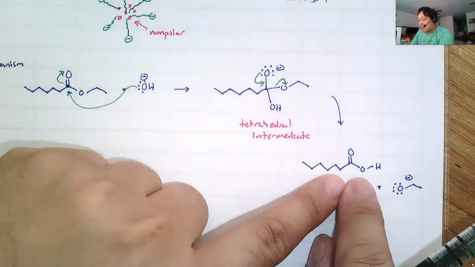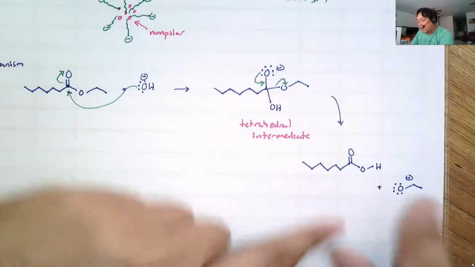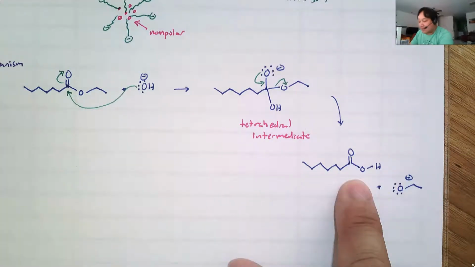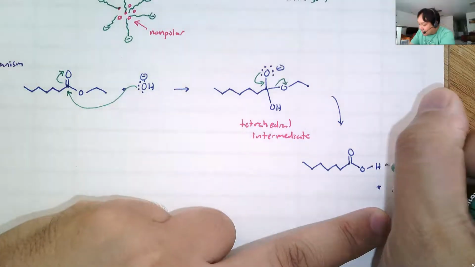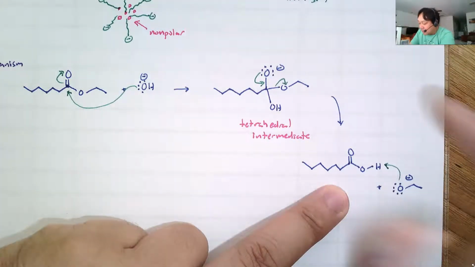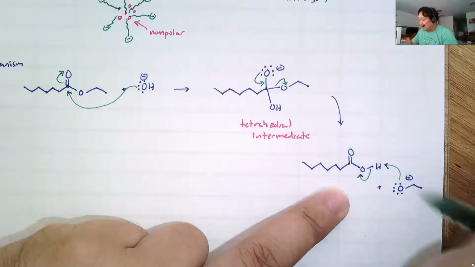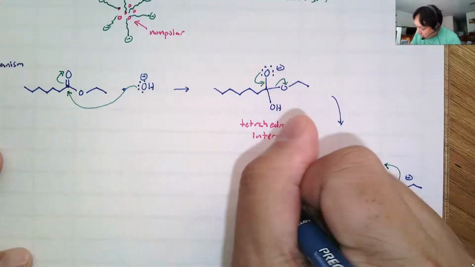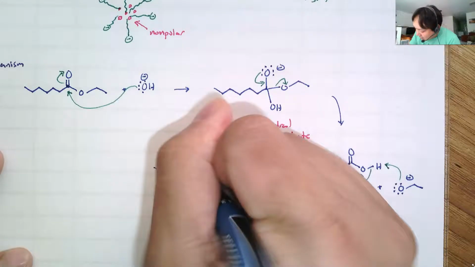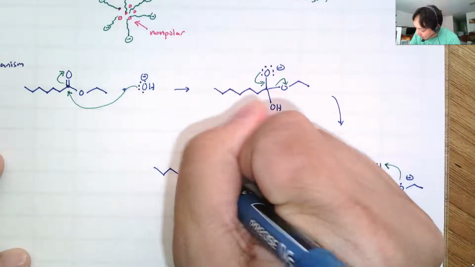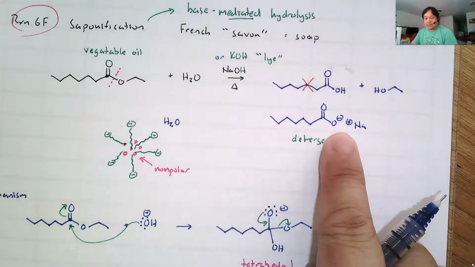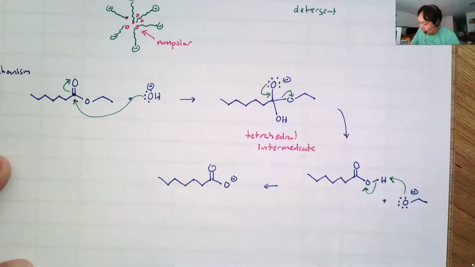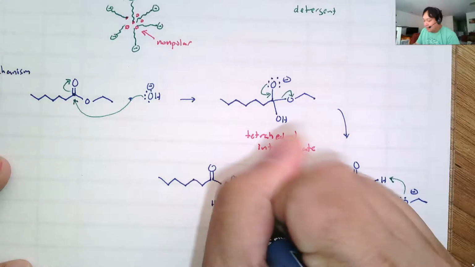Okay, they're in the same pot. So once you make this, you have an acidic functionality and a pretty good base. The carboxylic acid is more acidic than the alcohol. So the H, the proton, is going to be transferred. And your main products are ultimately the carboxylate, which I mentioned at the beginning, and the alcohol, neutral.